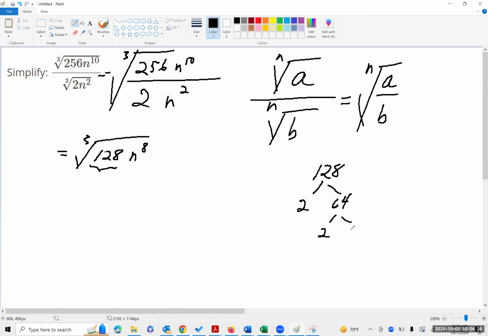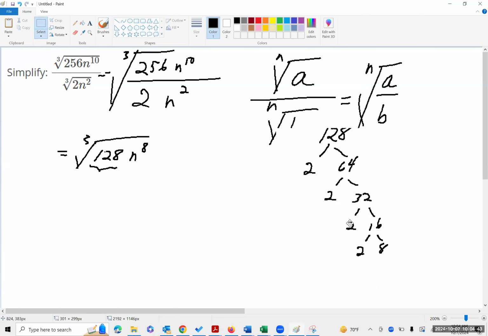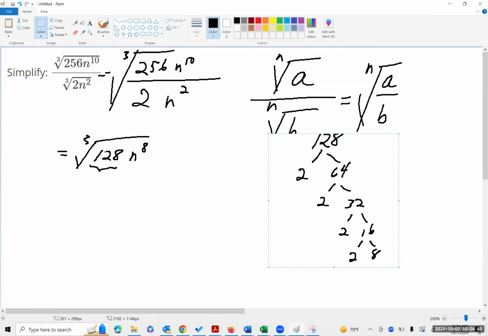Divided by 2 is 32. That's 2 times 16, and that's 2 times 8, and that's 2 times 4 and 2 and 2. So 1, 2, 3, 4, 5, 6, 7.